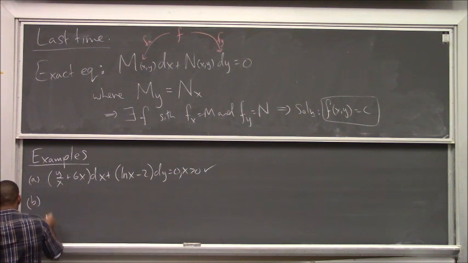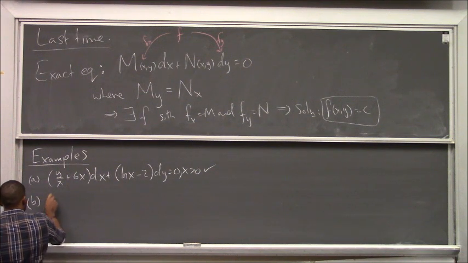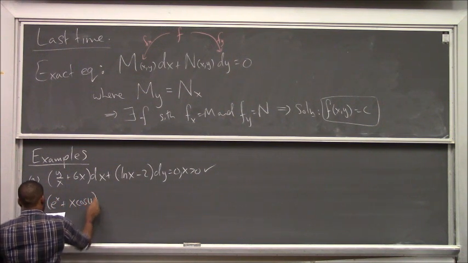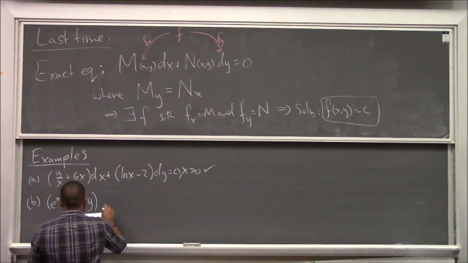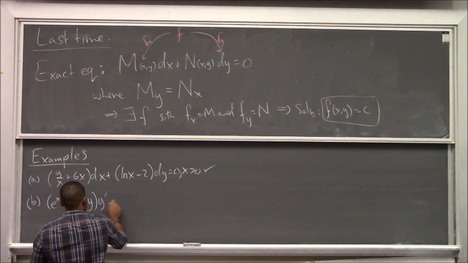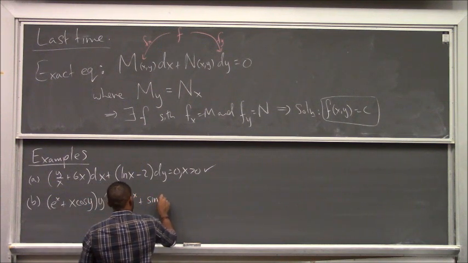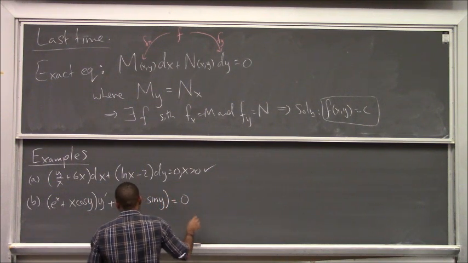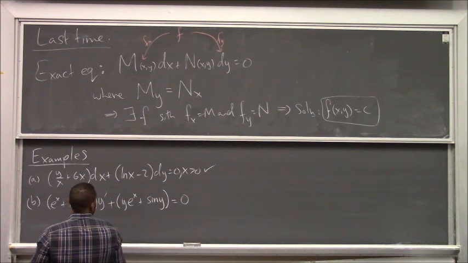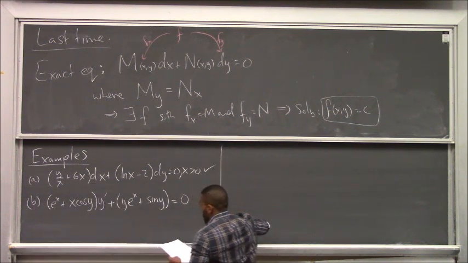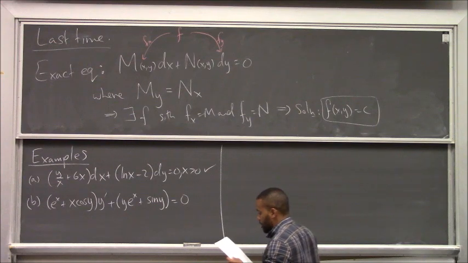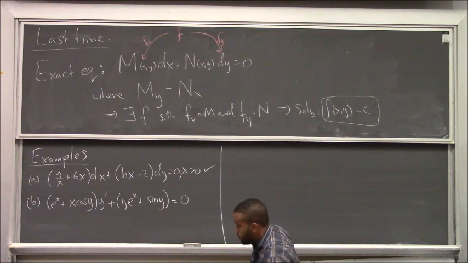And B was the e to the x plus x cosine y one? Yeah. Right, so we got the x here. Okay, so let's actually do that one. You guys already copied down all the examples, so I'm not going to recopy them. We're just going to do them as they show up.